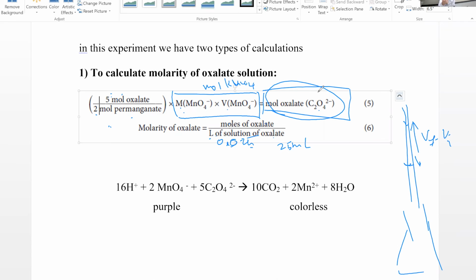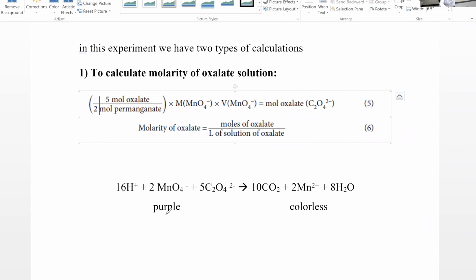One unique factor about this reaction is that the permanganate is purple and the product is a colorless solution. So as you add permanganate, which is the purple solution, into the oxalate, which is colorless, when the reaction takes place, the products have no color. So the color would disappear.